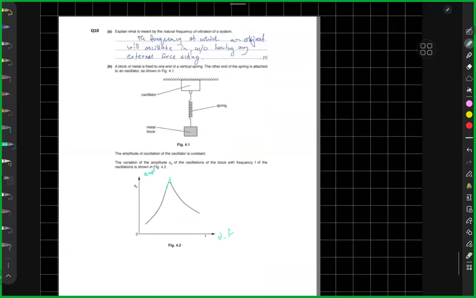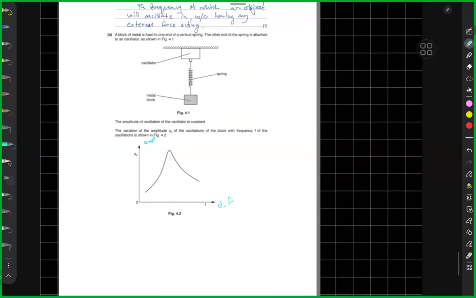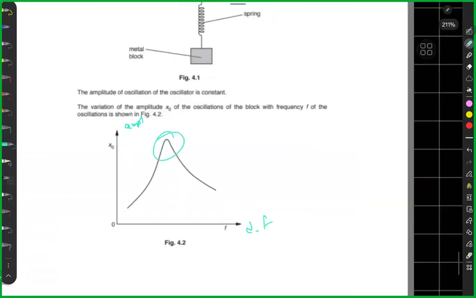So basically what I had asked is, over here, is there damping or no? And the answer is there is damping. Why is there damping? Because this peak is blunt. And what this shows to me is damping has been introduced, because if there was no damping, the peak would have been sharp. Okay, get it?